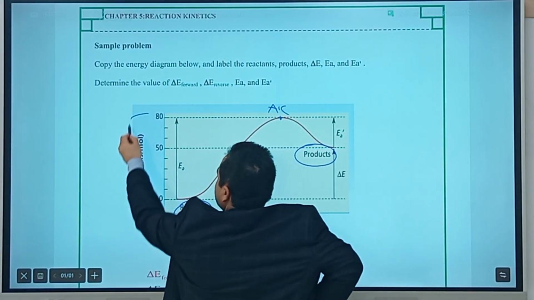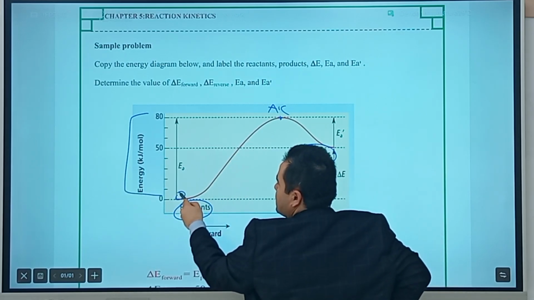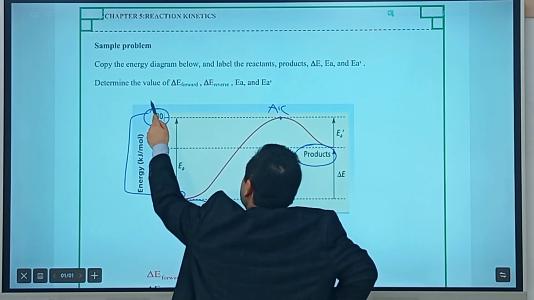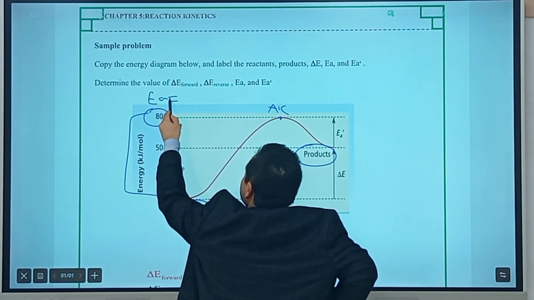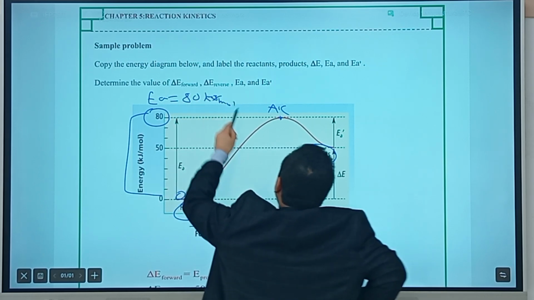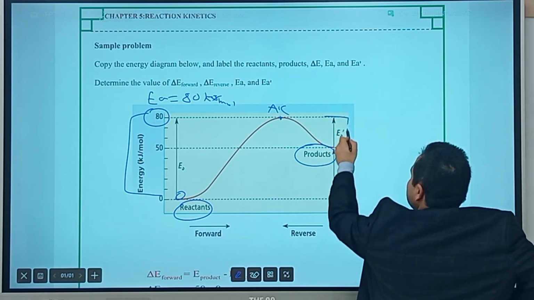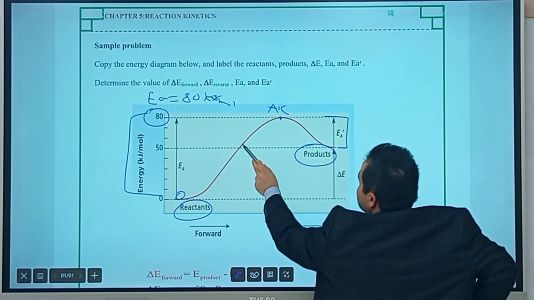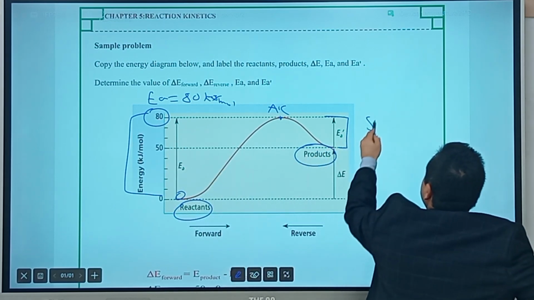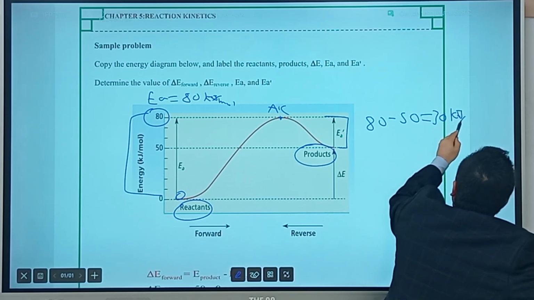EA is in this region, so the reactant starts at 0, EA is equal to the activated complex, so EA is equal to 80 kilojoules per mole. This is the first. EA prime, guys, is equal to the difference between AC and E product. So AC is 80, E product is 50, 80 minus 50 results in 30 kilojoules per mole.